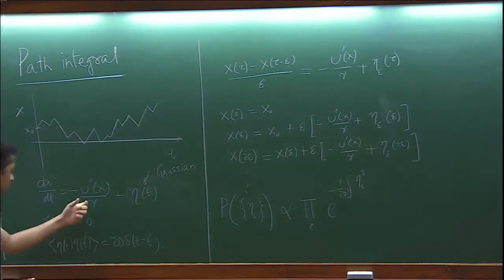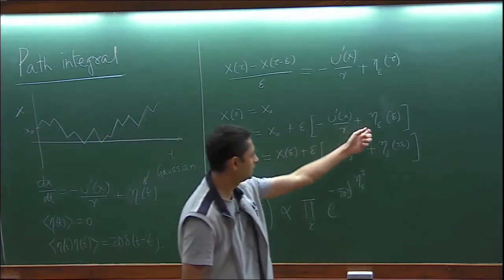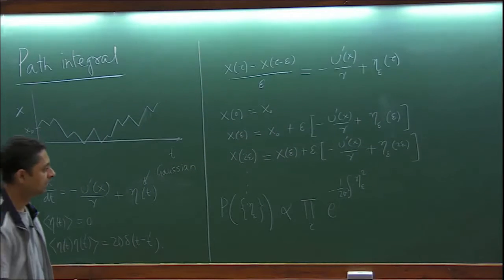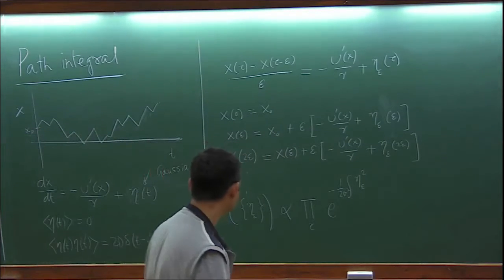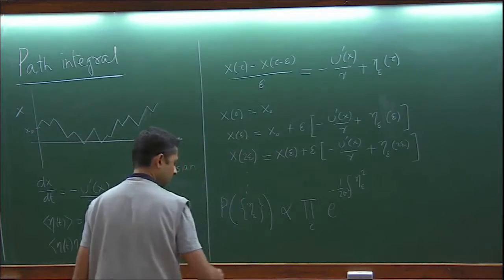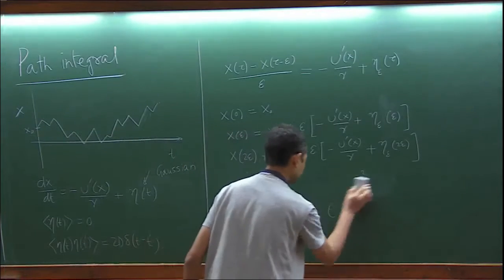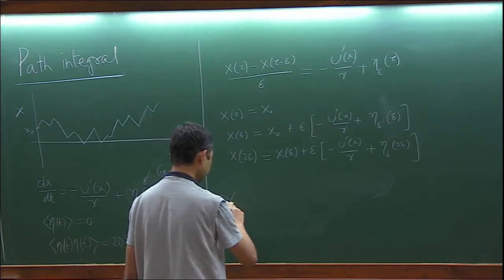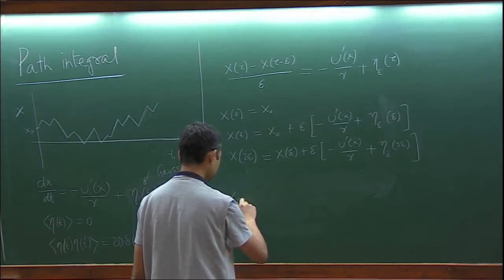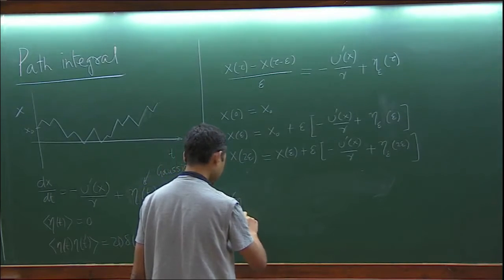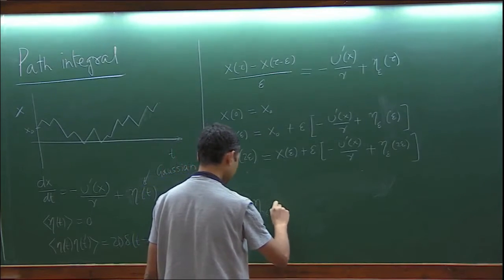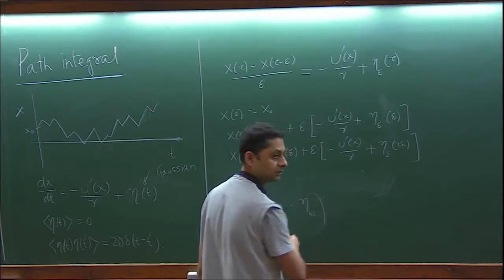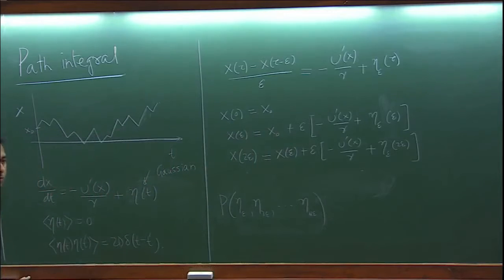This is basically 2D, and since I have discretized it, it will have a square root. This means the joint distribution of eta epsilon, eta 2 epsilon, and so on up to eta n epsilon, the joint distribution.